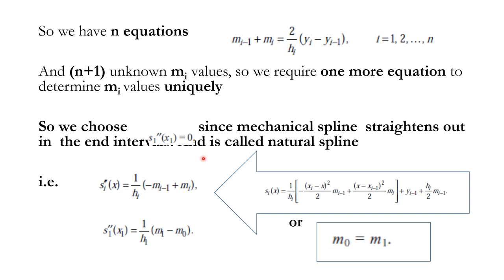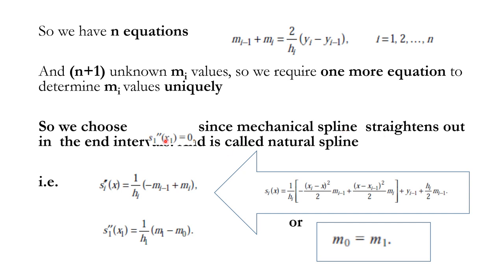So we choose one natural condition, S1 double prime of x1 equal to 0, meaning at the end of the range, this is the mechanical spline just straightens out.